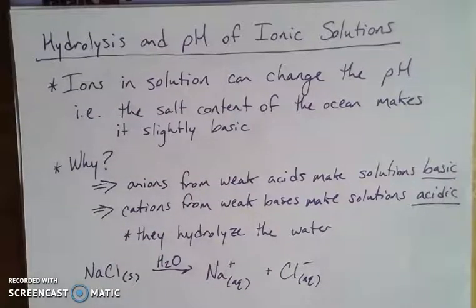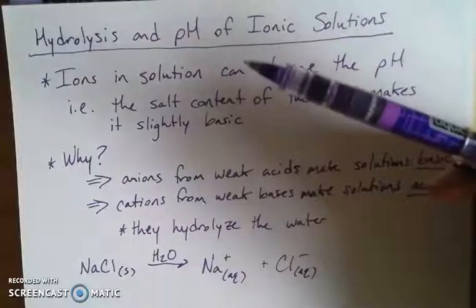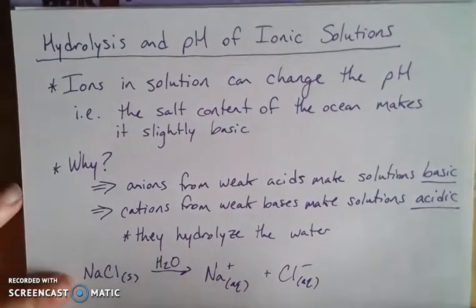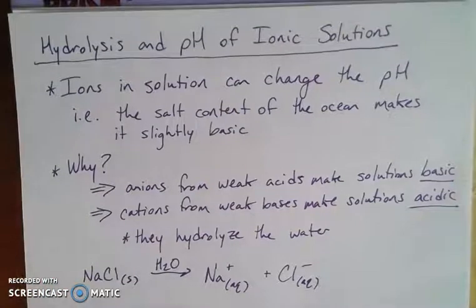And remember that hydrolysis is the splitting apart of water. And it's the splitting apart of the water molecule that causes that change in pH values here. So a couple things concept-wise first before we get into some sample problems is that ions in solution can change the pH. We already know this, and you've probably seen this in any experience that you've had with the ocean, right?